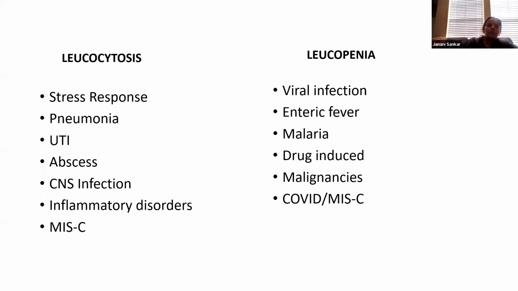A glance at leukocytosis, think of stress response, which again was dealt with in the previous talk too. Don't think that stress response comes only when the child has a seizure. It can come when the child has hypoxia. A child with bronchiolitis, if you do a total count, it will be 30,000. A child with chronic hypoxia, a CF child who comes to you, the total count will always be around 30,000 to 35,000.